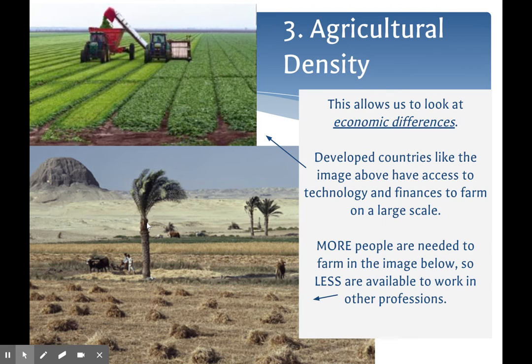So in a lot of these developing countries, their agricultural density is higher because they don't have the machines as we do in developed countries. They might have less arable land, but they might need a lot more farmers to farm it, just because of the styles of farming that come with the nation they're in.